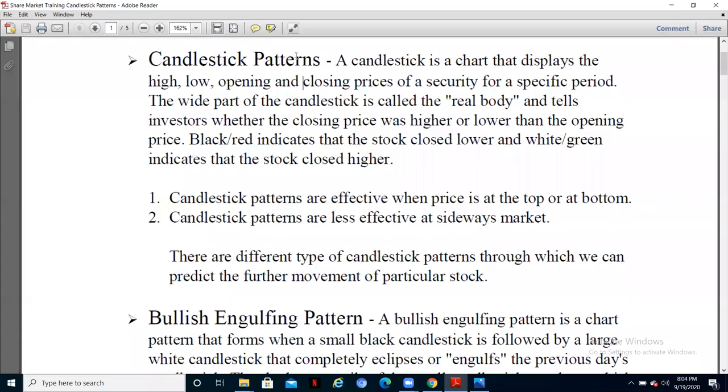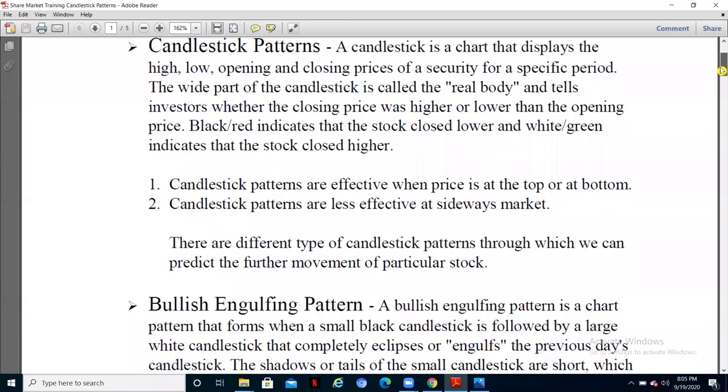That is not a compulsion that it will reverse, but it may reverse. So for the safe side, we will be exiting the open trade, that is the open position. In case you have entered into any trade, we will be exiting from that, which means we are using these patterns for the exit and not for the entries. This is your first point.